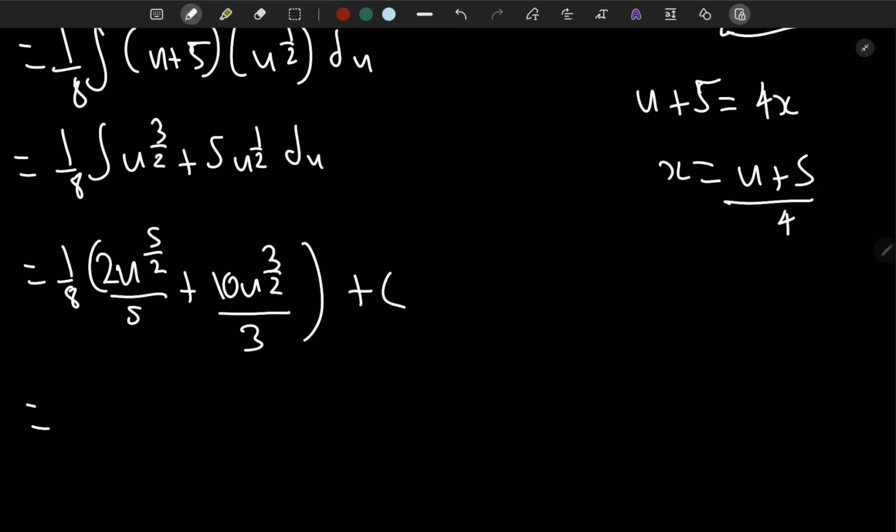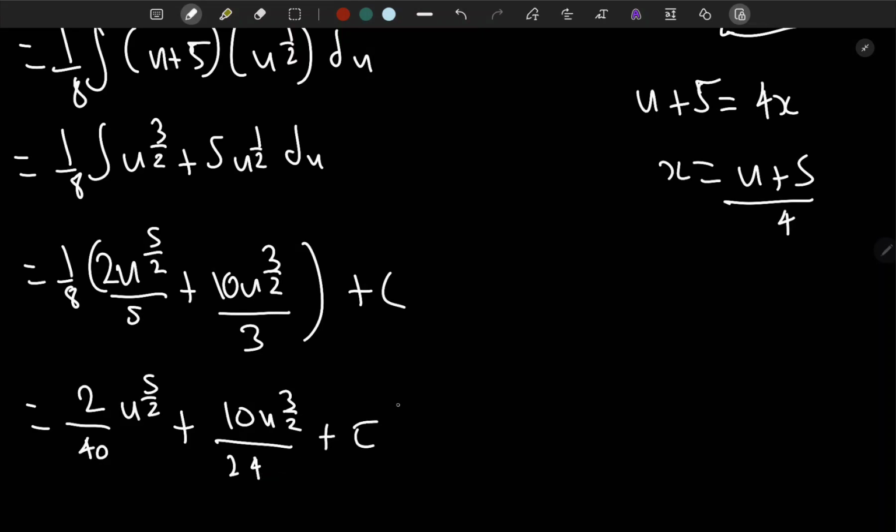And now we can simplify this further, and you're going to get 2 over 40 u to the power of 5 over 2 plus, this is going to be 1 times 10, so 10 u to the power of 3 over 2 over 3 times 8, or 8 times 3, which is 24, plus c.